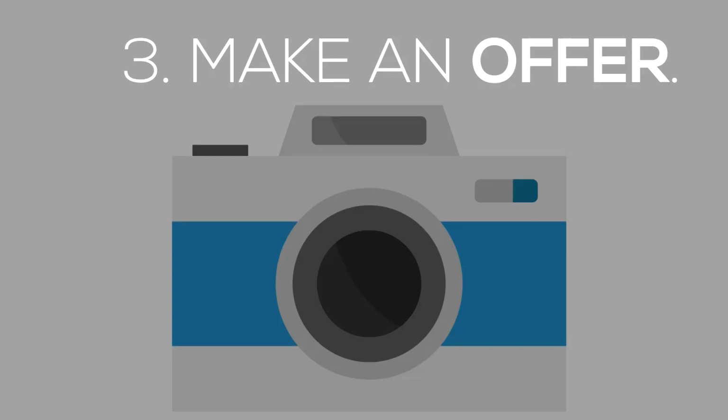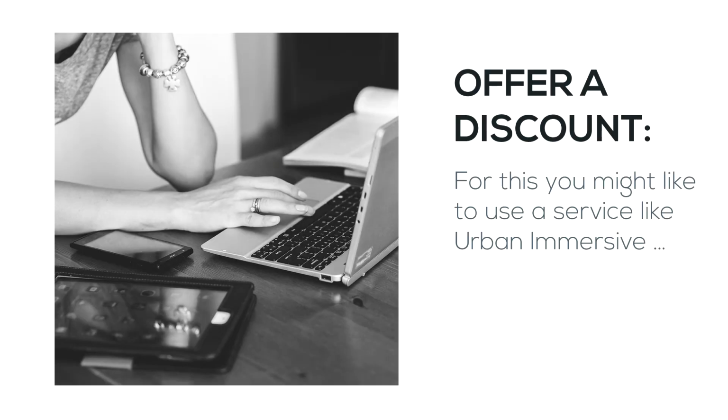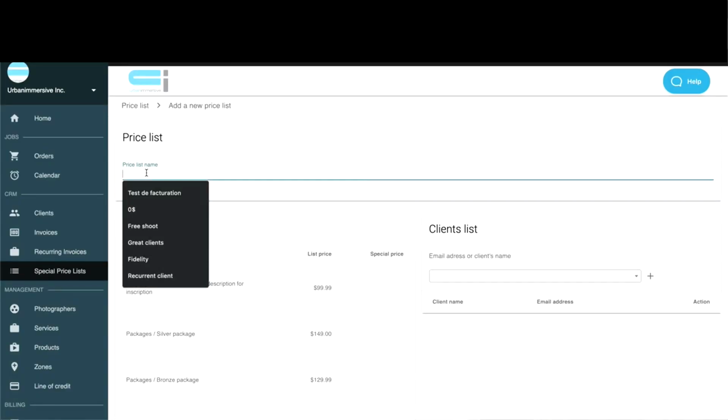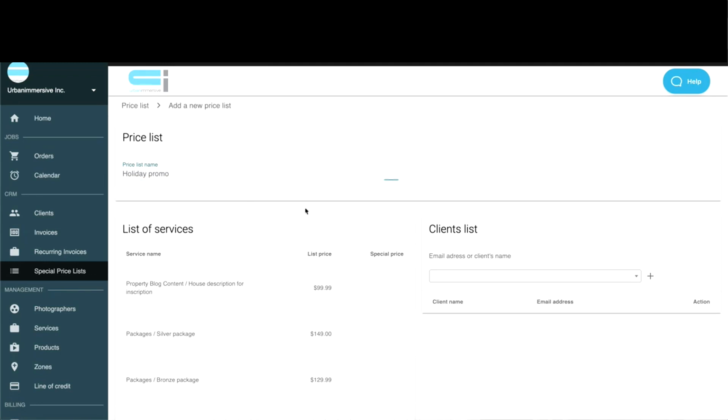Now, at some point in that follow-up process, you're going to want to make an offer to the client, and maybe that will be some kind of discount where they get like 50% off your standard rate. Now for that, you might like to use a service like Urban Immersive, because then you can create a discounted price list for individual clients and then switch it back to your full pricing at any time.